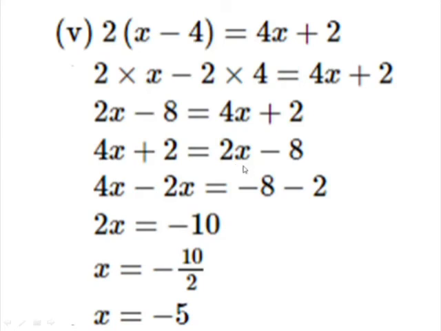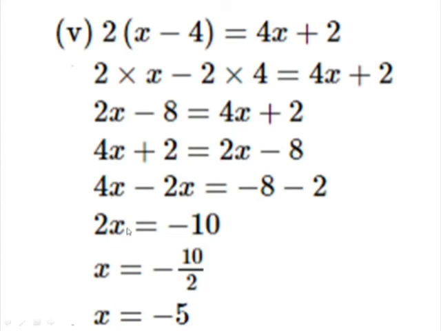Now here we will bring the term with variable in left hand side and all the numbers in right hand side. Now here 2x will come in subtraction as it is in addition here. So you will get 4x minus 2x in left hand side, then equal to minus 8 will remain as it is, and this plus 2 will become minus 2.